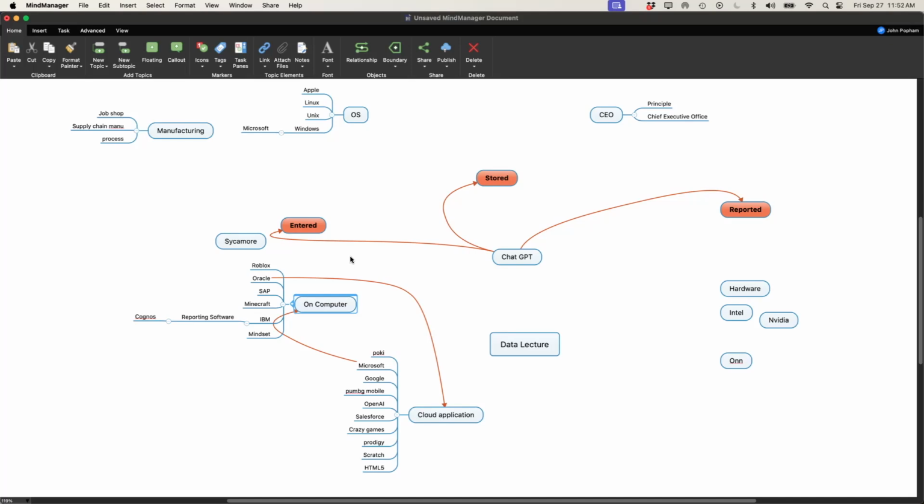So all these systems are called ERP systems, Enterprise Resource Planning. That won't be on the test yet, but that's something I want you to remember is ERP. That's an important term. Sycamore is an SIS, which stands for Student Information System. So ERP runs a business and SIS runs a school.